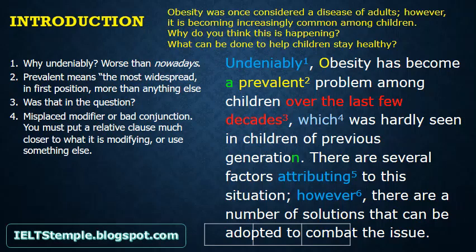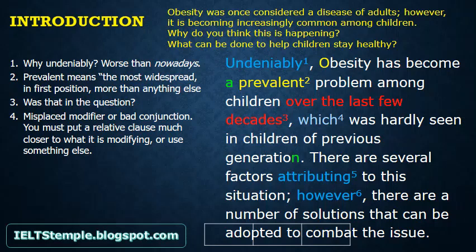Which was hardly seen. Now, which is a relative clause. It takes a relative pronoun. It takes the place of a noun. What is the noun that it's taking the place of? Which? Maybe, but we can see by the grammar that it's not. It must be singular. So, the problem, which was hardly seen in a, no, it's obesity.